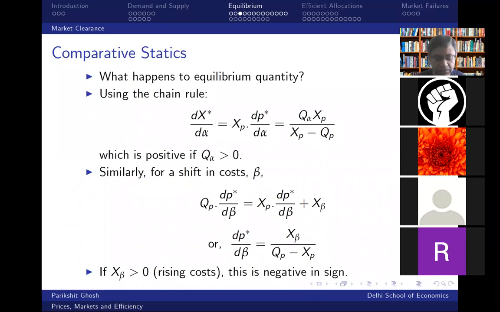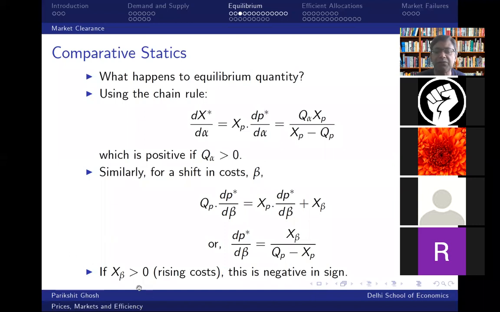Sir, if the production costs are rising, shouldn't X beta be less than zero? Okay. So let's go through this. First of all, let's make a choice about how we want to interpret beta, right? So let's say beta is like an increase in production cost. So then X beta will be negative.